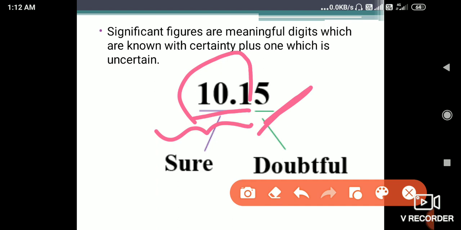Uncertain means doubtful and the others are meaningful. So in other words, all meaningful digits along with one doubtful digit are considered as significant figures. To determine the number of significant figures, there are certain rules.